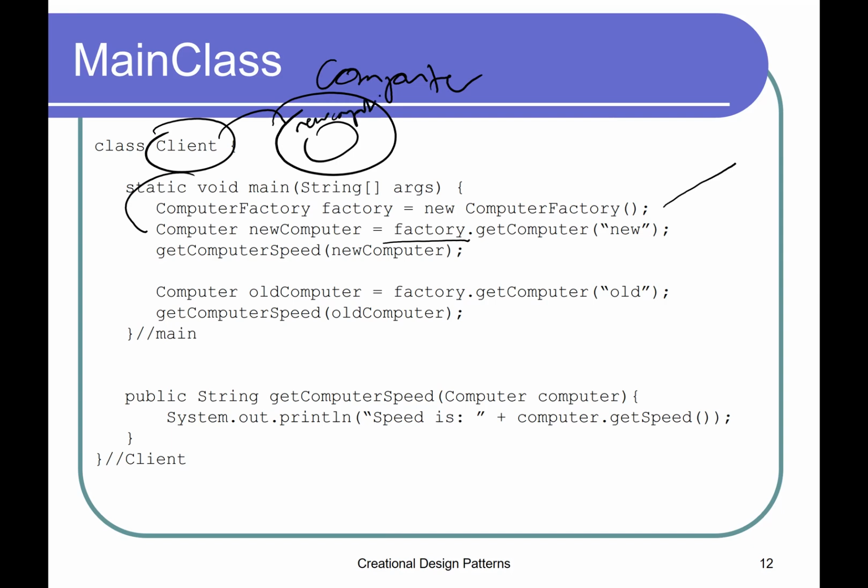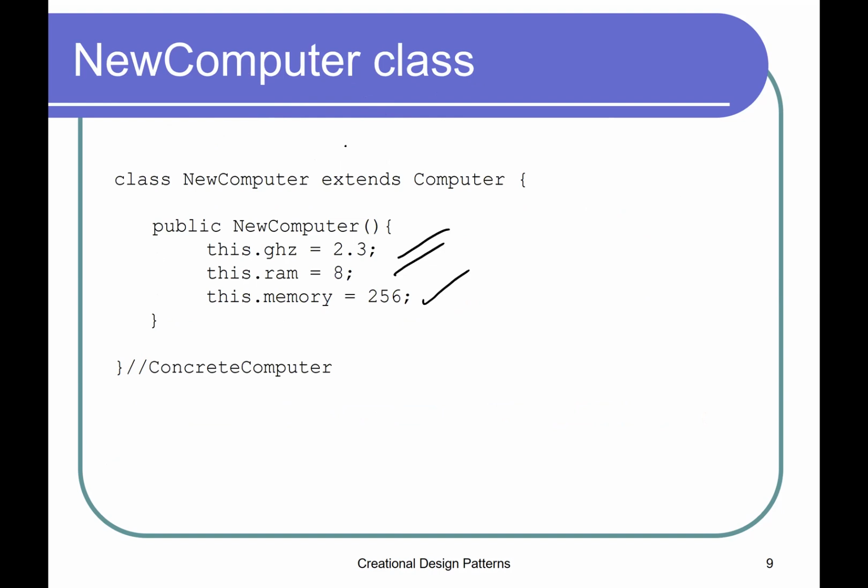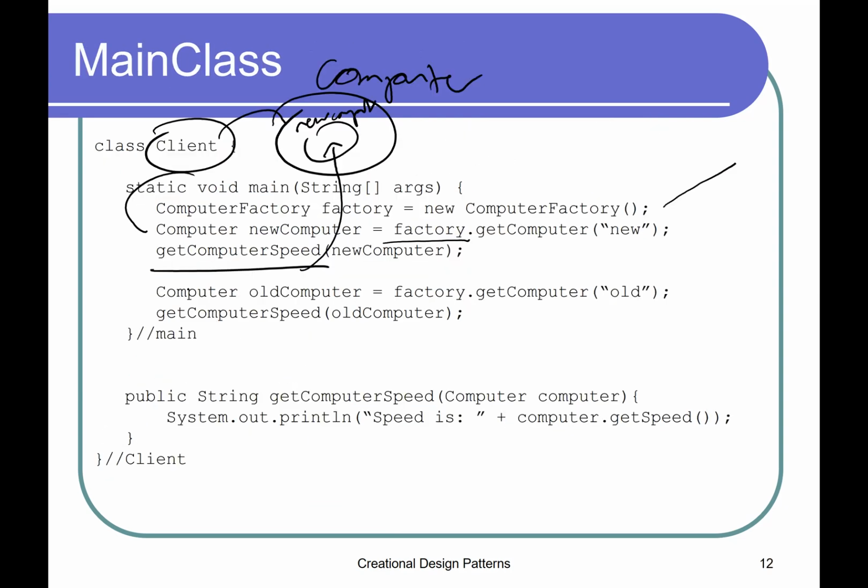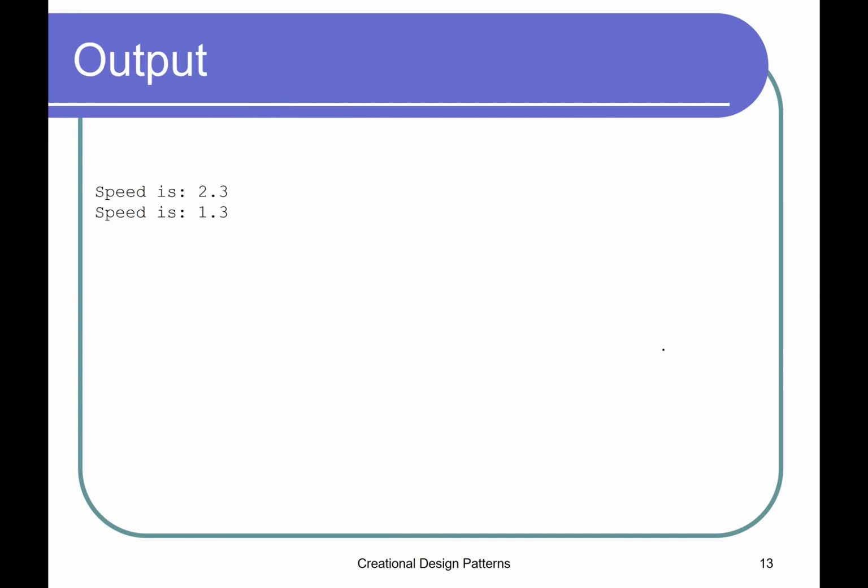So when we execute get computer speed, we're actually executing it on the object that's inside. It gets this speed over here, I think 2.3. The other one, same deal. It just gets an object of old computer, and when we do the printouts, it prints out the relative information.